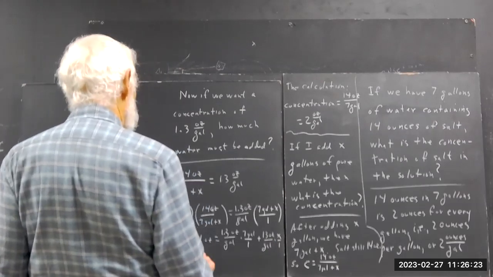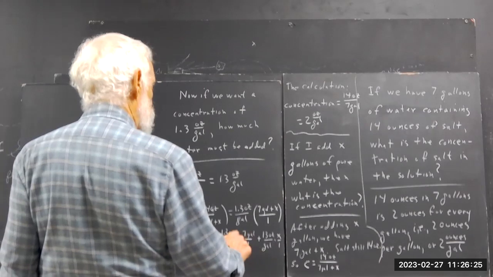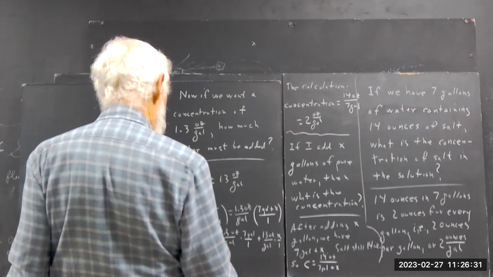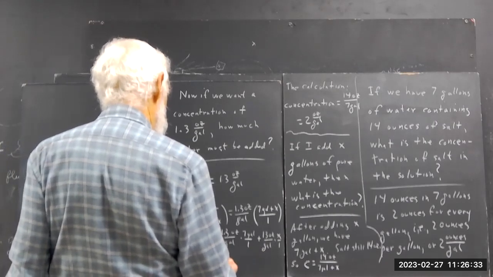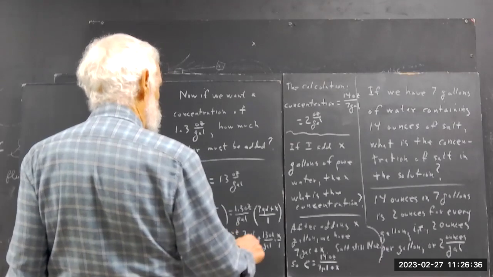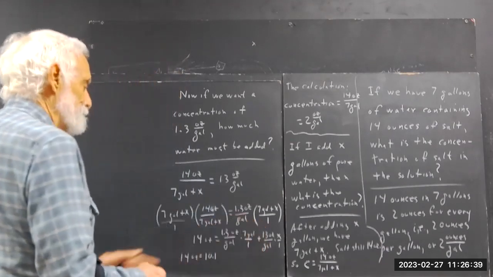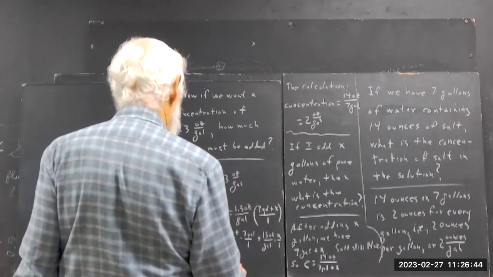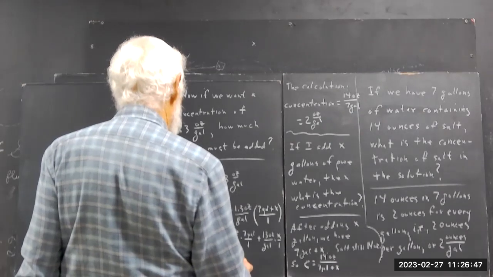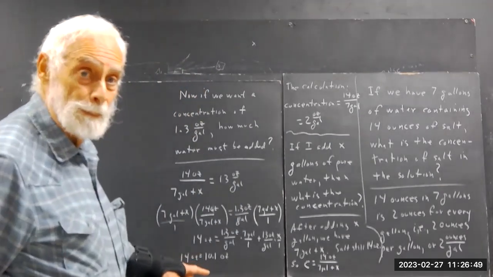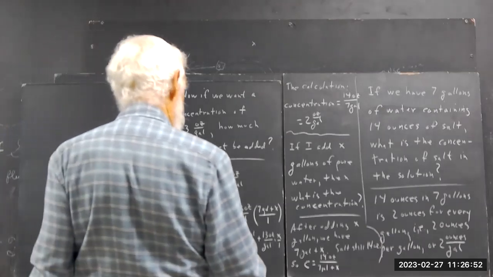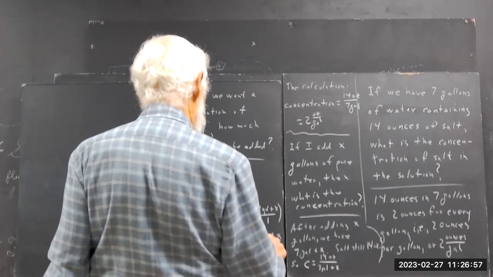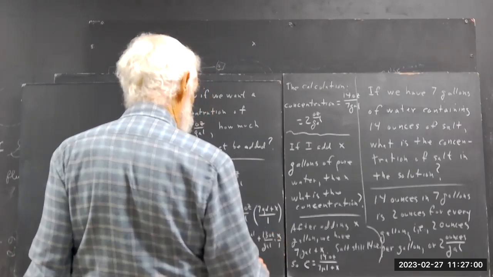So now 14 ounces equals 1.3 times 7, which is 10.1 ounces over gallons times gallons over 1. The gallons, you go over here and divide the gallons. So we get 10.1 ounces here.